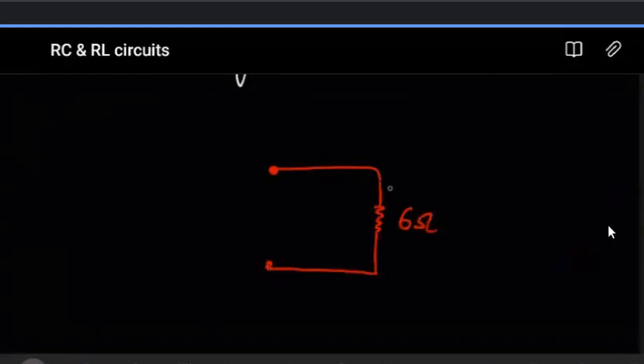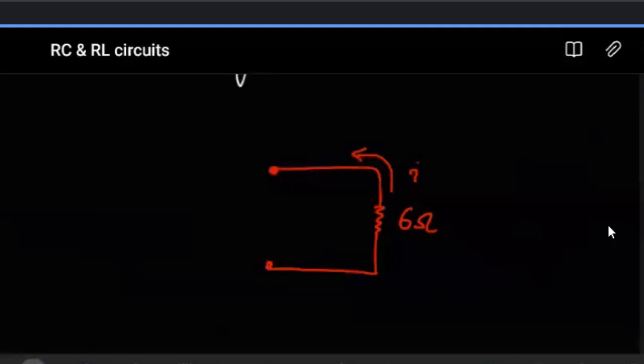So what we have here is this point, and this point, we have this resistor. This is a 6 ohm resistor. For the 6 ohm resistor, remember we have found an expression for I at any time t.